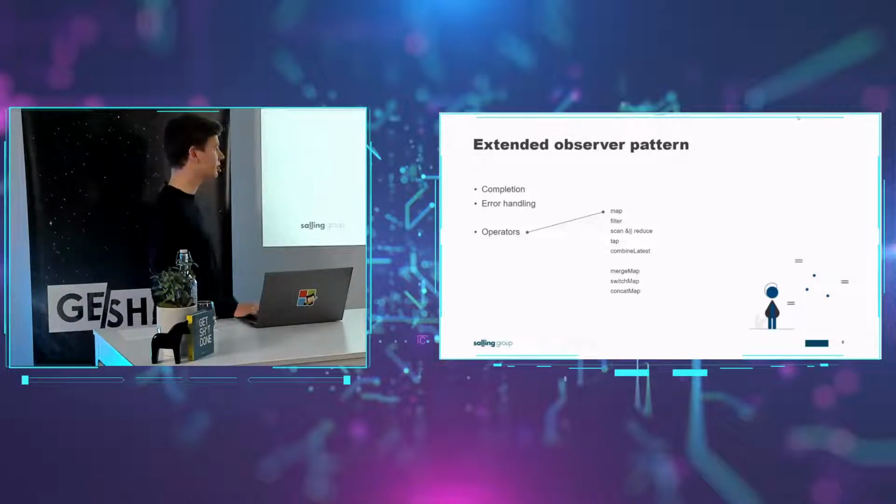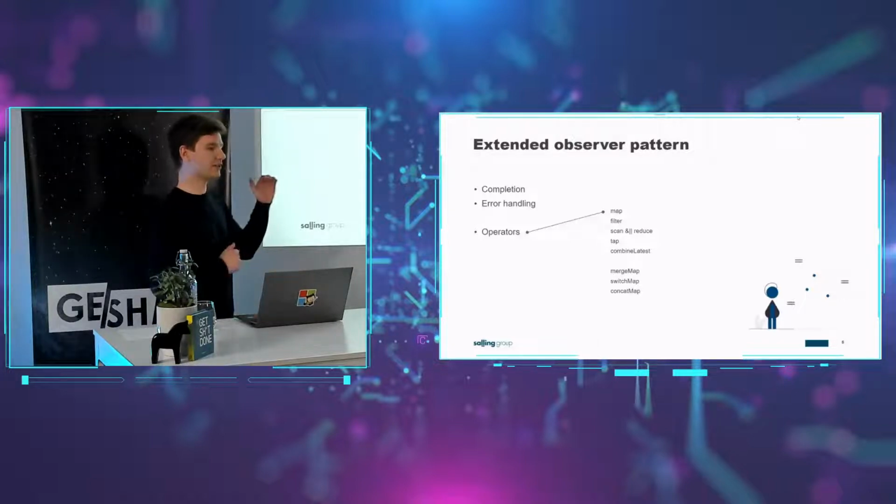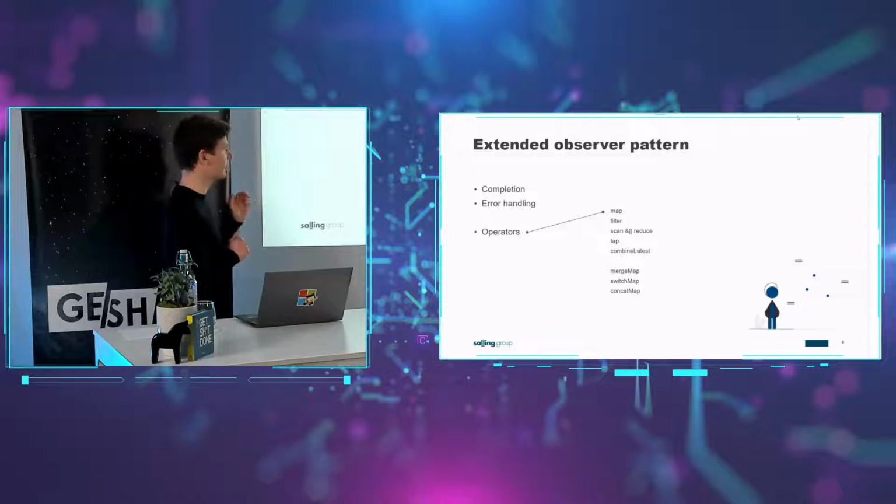When you read other people's RxJS code, you see these long chains of operators, because you can apply multiple operators to an observable in succession of each other, just like you can with arrays. When you dot chain, you say some array dot map dot filter dot sort. You can do the same with observables, and that's basically how you work with them.